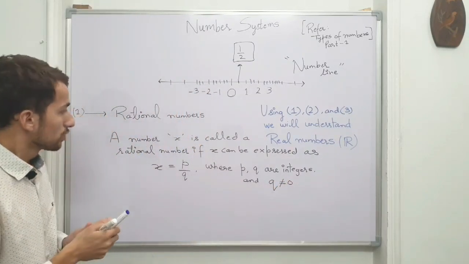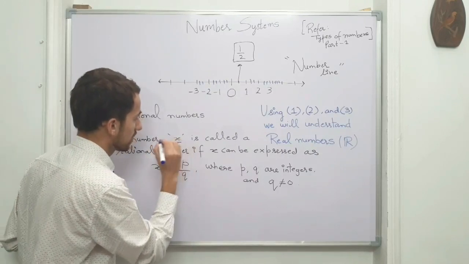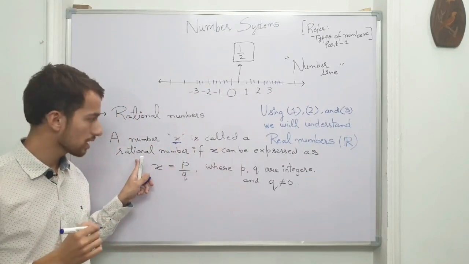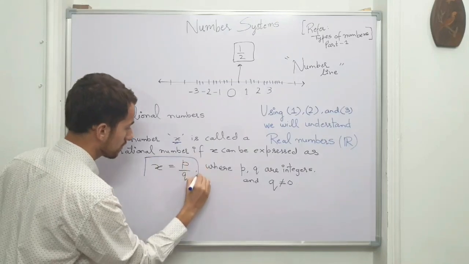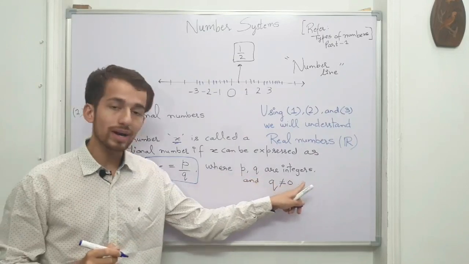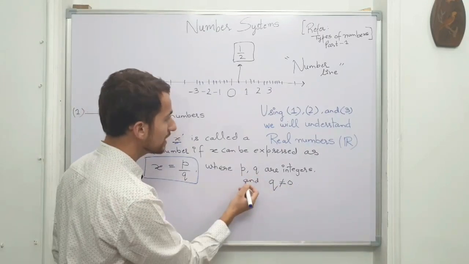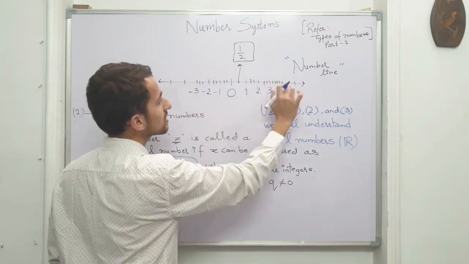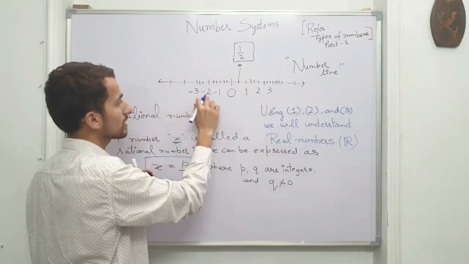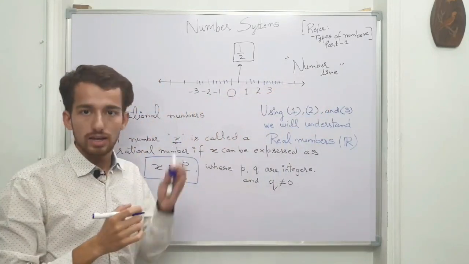Fine. So this is the definition. A number x will be called a rational number if x has this form for some p and q, where p and q are integers and of course q is non-zero. So p and q can be any of the numbers from this list: minus 3, minus 2, minus 1, 0, 1, 2, 3, 4, 5, minus 4, minus 5 and so on.